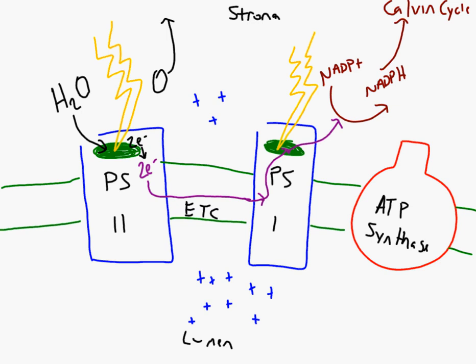Now, what can we do with these protons here that have built up in the lumen? A lot of cellular work uses concentration gradients. Well, this one's no different. In this particular version, these protons are going to diffuse back across, facilitated by this molecule ATP synthase. What that causes ATP synthase to do is literally spin around.